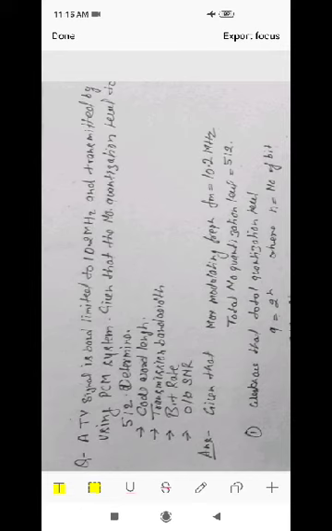Before we start solving the problem, we read the problem carefully: what parameter is given and what we want to calculate. We read the question again and write down what parameter is given.